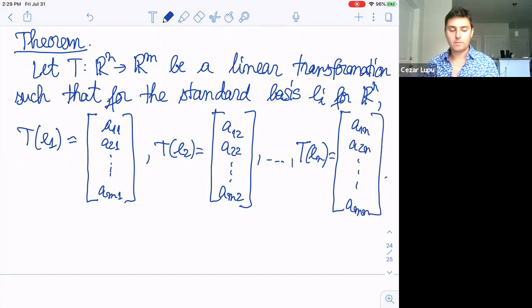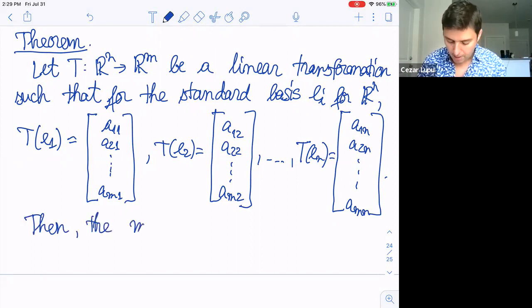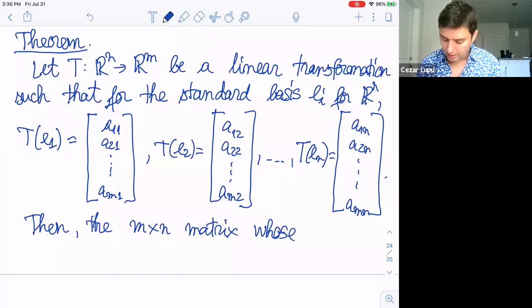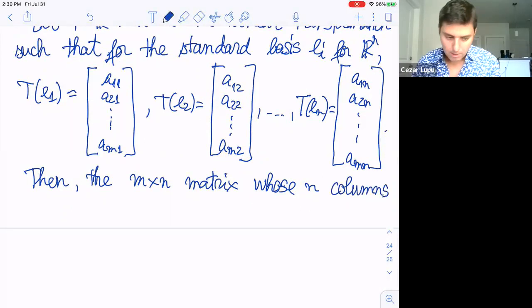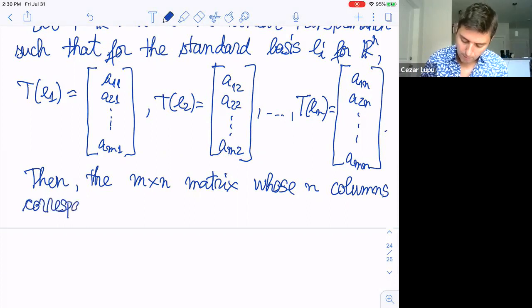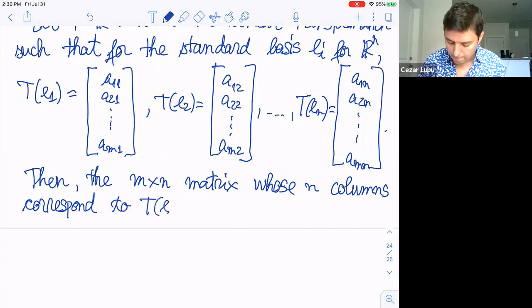Okay, so we know this, and guess what will happen? Well, as you might expect, the m by n matrix whose n columns correspond to T of ei, let's say.